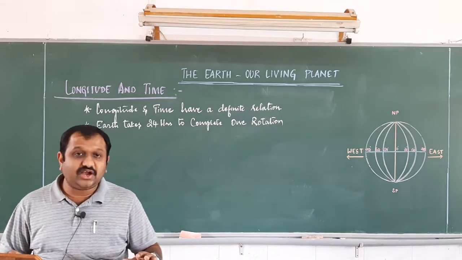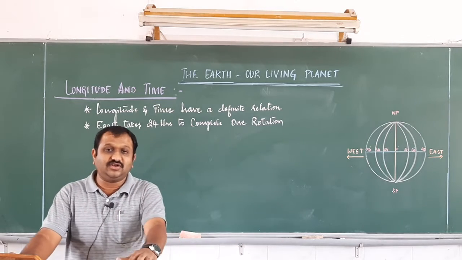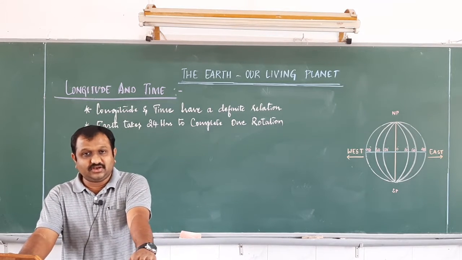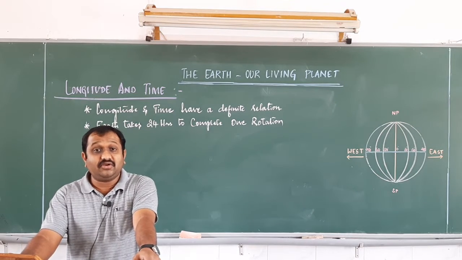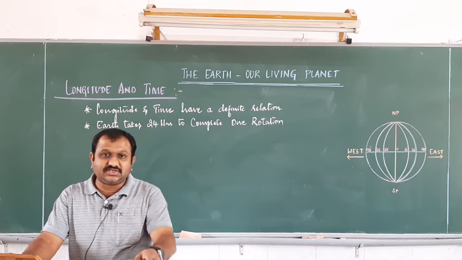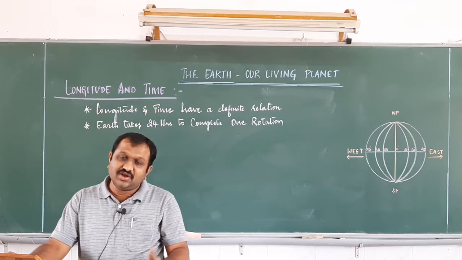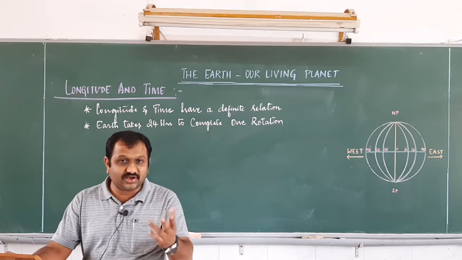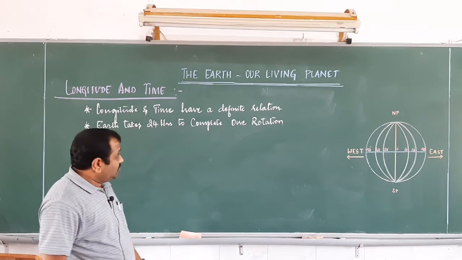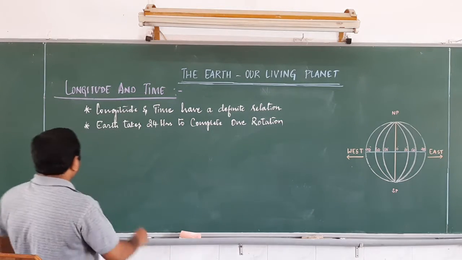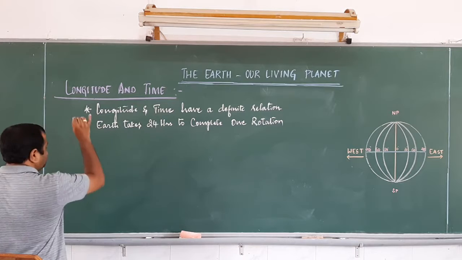About this rotation and revolution, you have learnt in your previous level. Earth takes 24 hours for one rotation, and for revolution, Earth takes 365 and a quarter days to complete one revolution. That we call a year. You know, there are 360 longitudes on the globe.